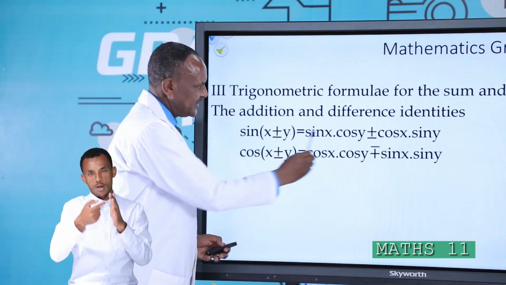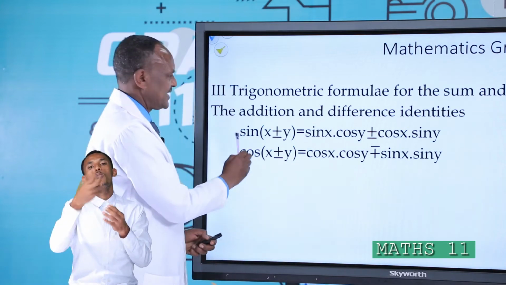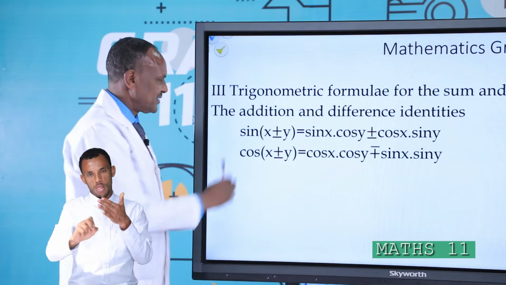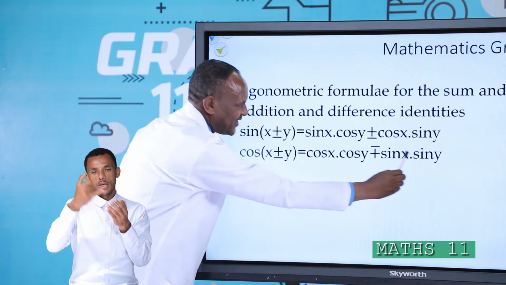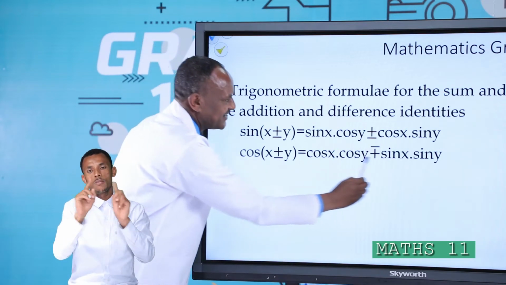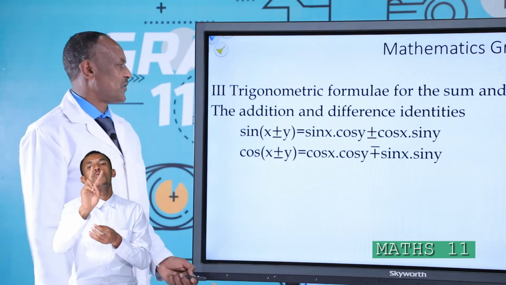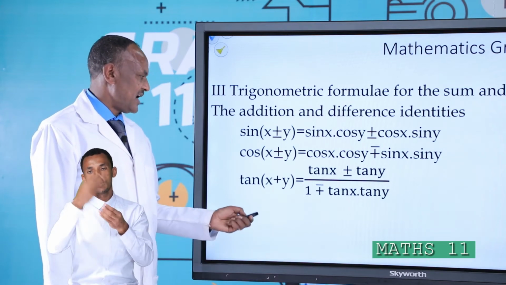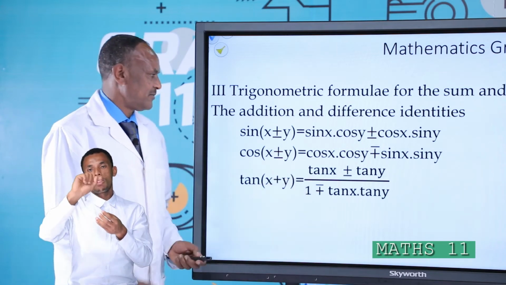Sine of the sum is the sum of the products. Sine of the difference is the difference between the two products. But cosine of the sum is the difference between the two products. Cosine of the difference is the sum of the two products. When you come to tangent of x plus y, we have also tan x plus tan y.